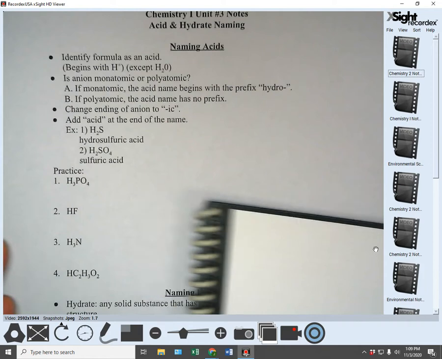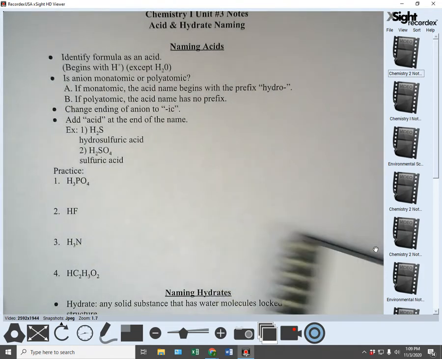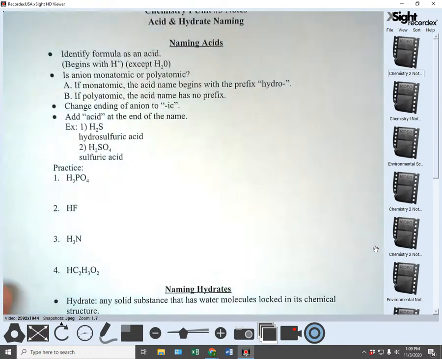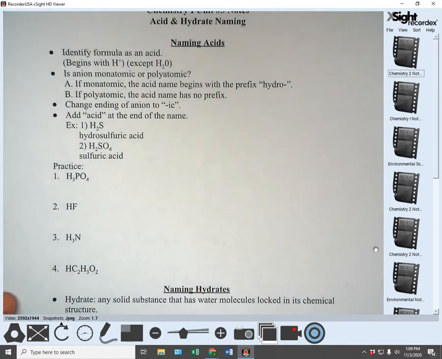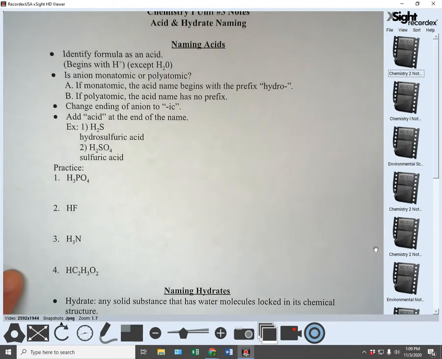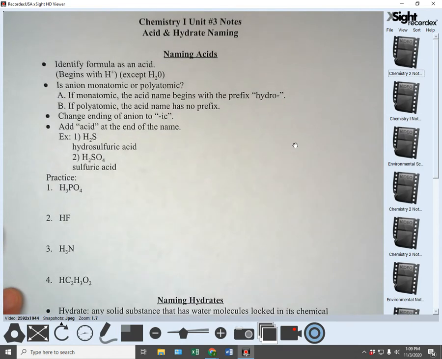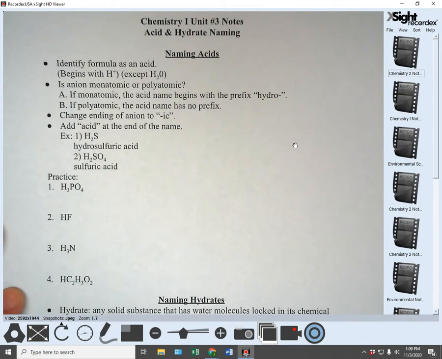As we go through them here, I'm going to explain what each one is and then give a breakdown in general of how we know which one is which for all of them. Acids.